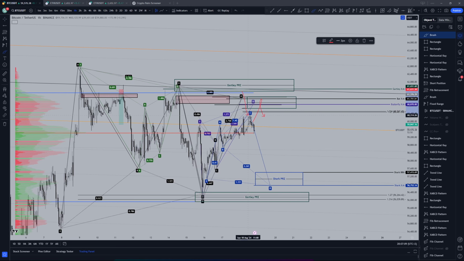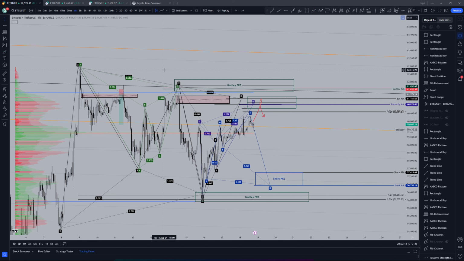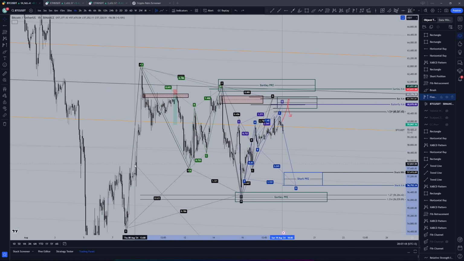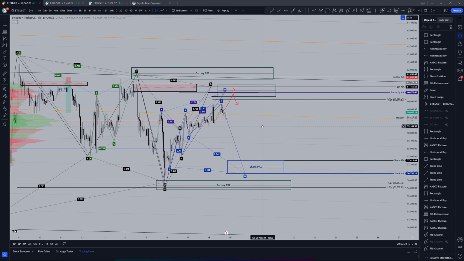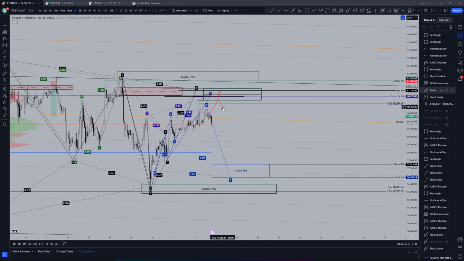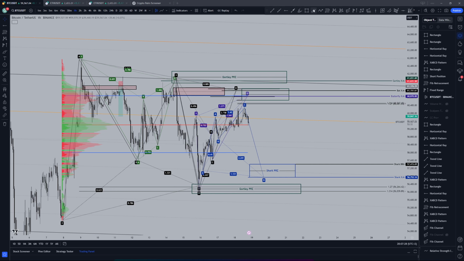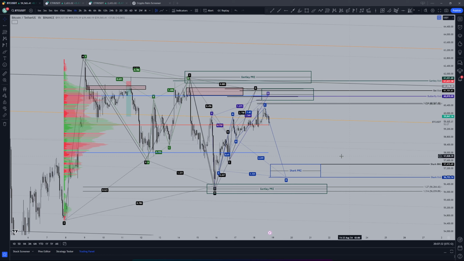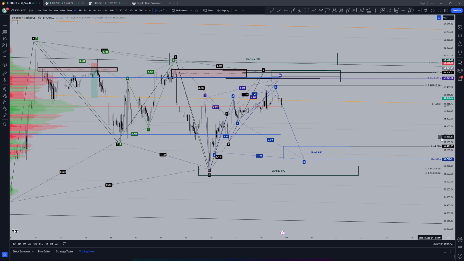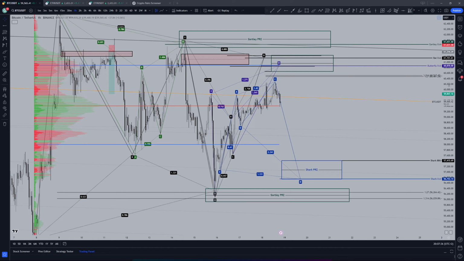So I do think this is a really nice area over here. We had a butterfly, a bat, this order block, and we had VAH. If we draw it from the Gartley wave, we had VAH in the same spot. So let's remove this arrow, and I'll make a screenshot of this and put it in chat for anyone who wants it.